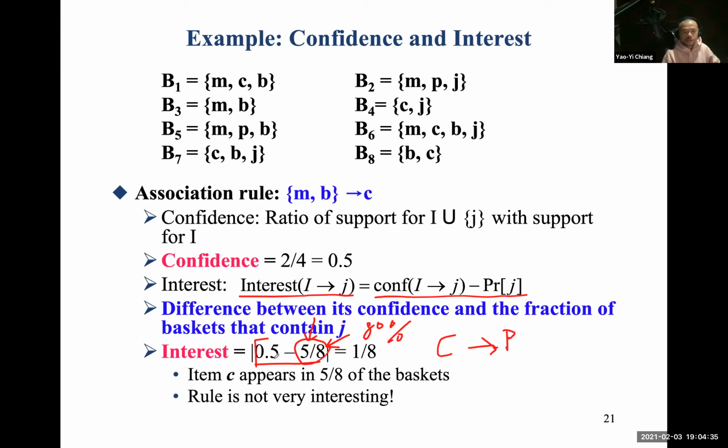What is this? Well, this is the confidence, right? So how confident are we when we look at this rule? So this means you are looking at the support for Coke and Pepsi divided by the support for Coke.